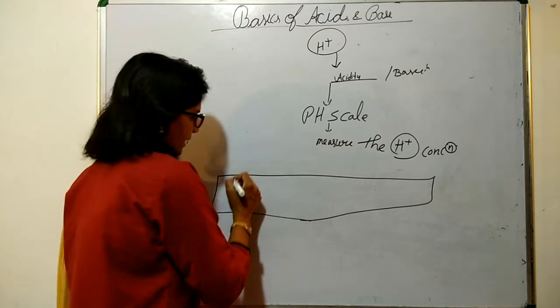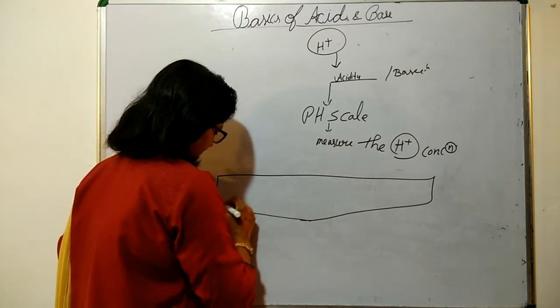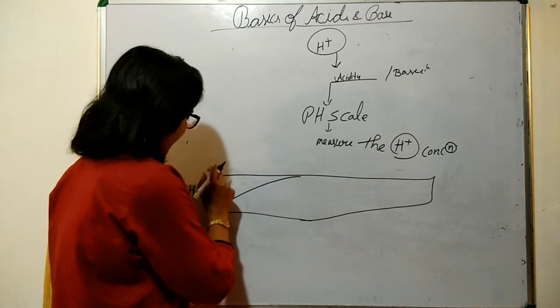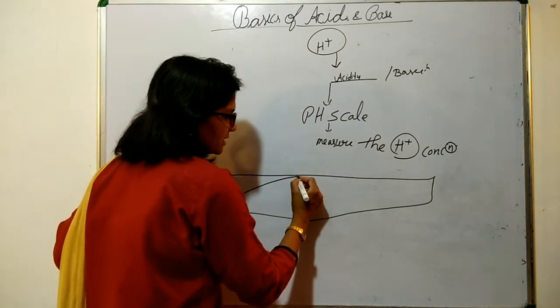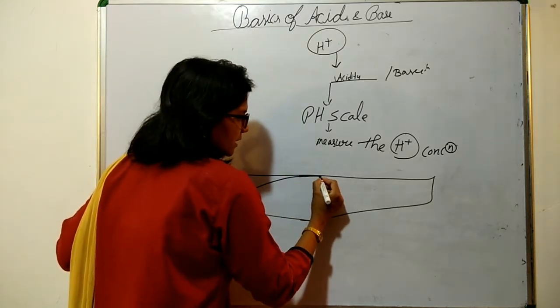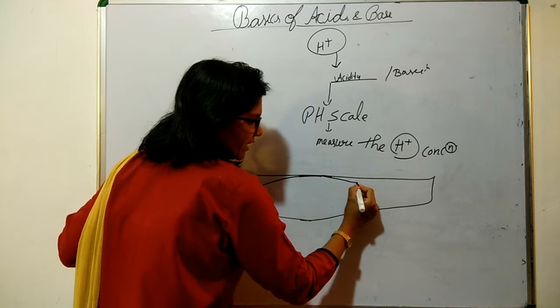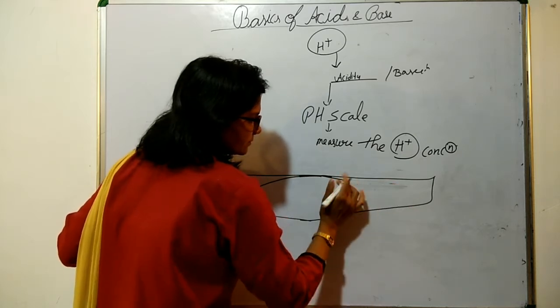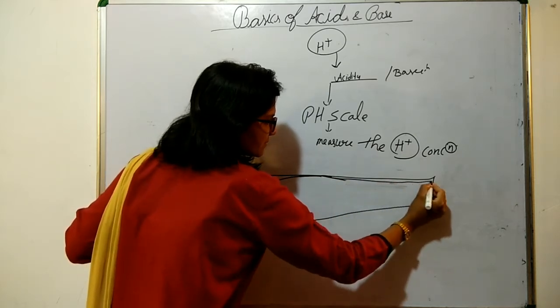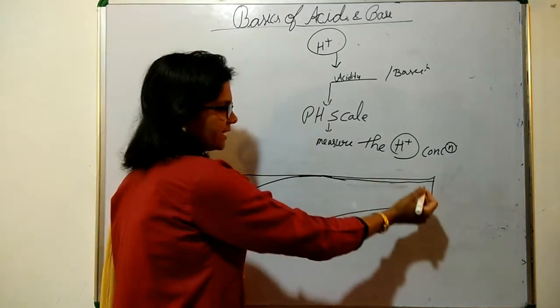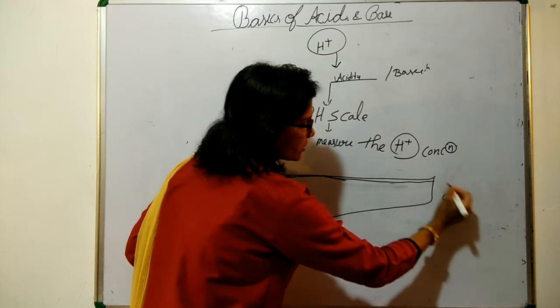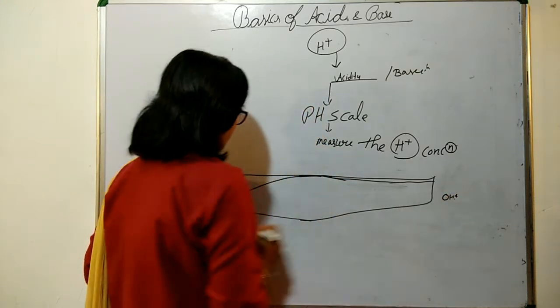Here the hydrogen concentration is very high, meaning it is very acidic, and slowly it reduces, and finally the OH concentration gets more.